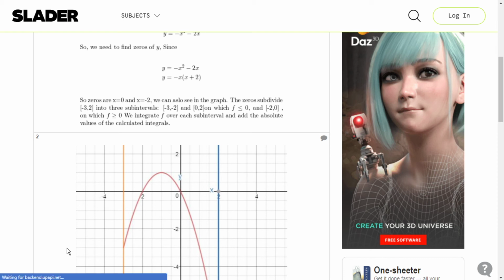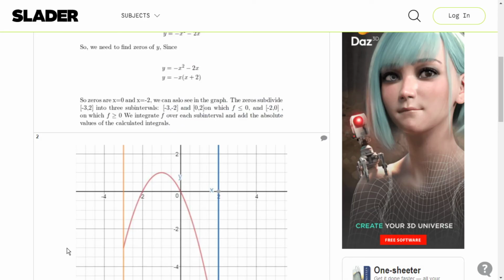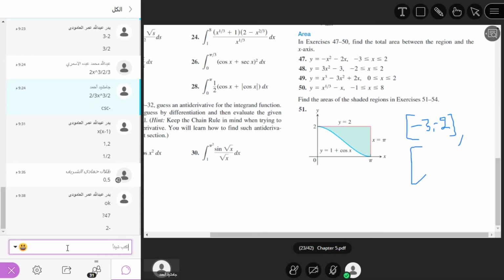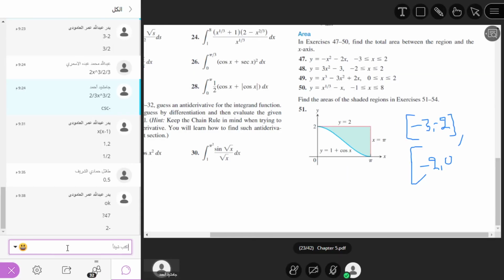So this will be from minus 3 to minus 2, the first subinterval, then minus 2 to 0, the second subinterval, and from 0 to 2, the third subinterval.